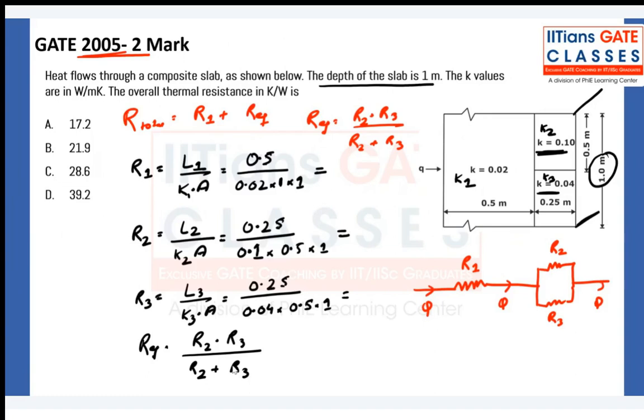It is 5, no? It is 5. Why are you saying 0.8? I have just calculated it in my calculator. Yes, R2 is 5. What is R1? Sean, how are you getting R2 wrong? R1 is 25. That is correct, Shruti. What is R3? Yes, 12.5. So what is R equivalent? How much is this?